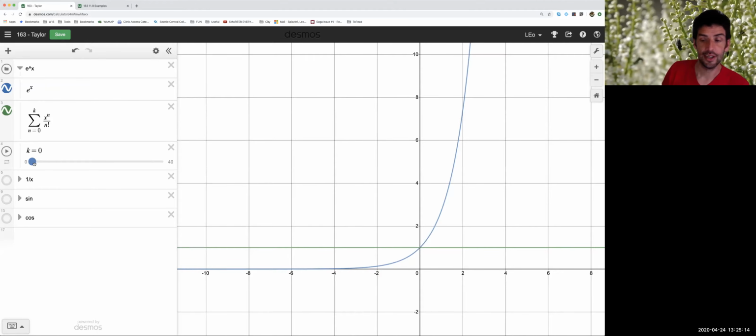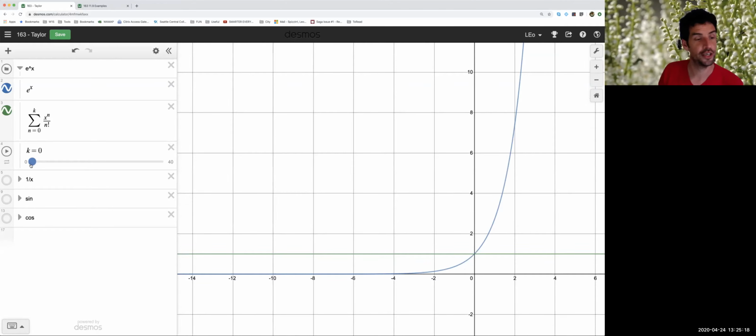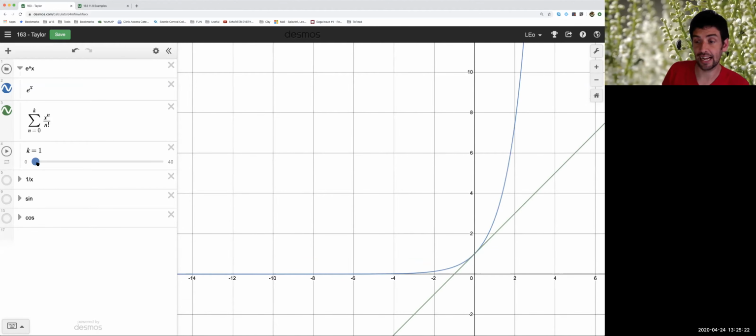Now, of course, I can't show you what happens when I have infinite terms because the computer cannot add up that many terms, but I can start to add terms. When I add the first term, now I've got 1 plus x. This is our linear approximation.